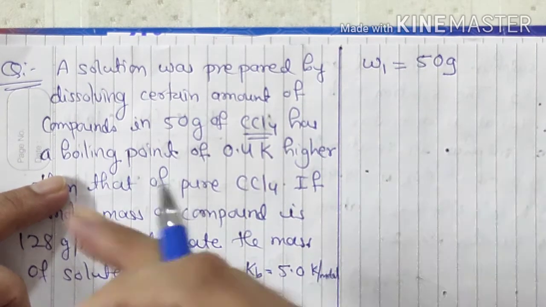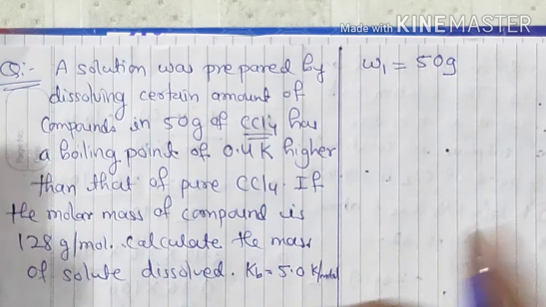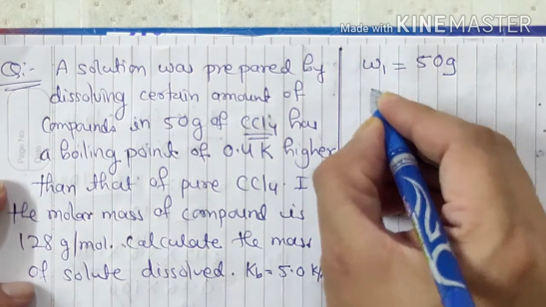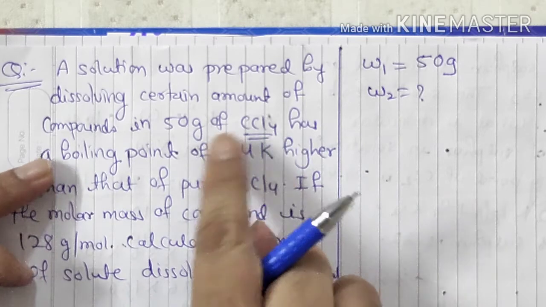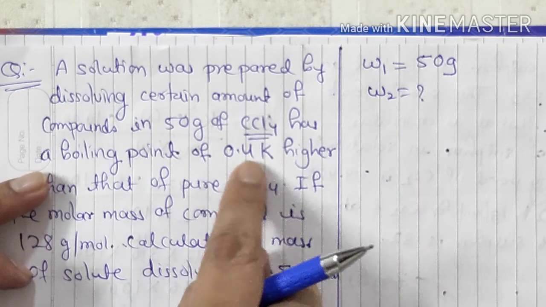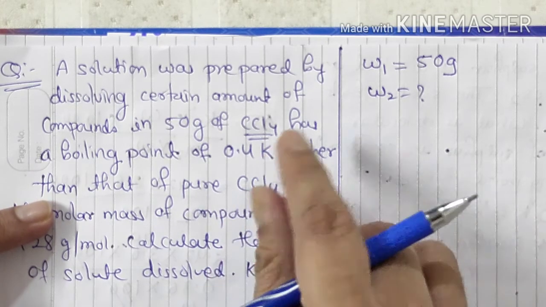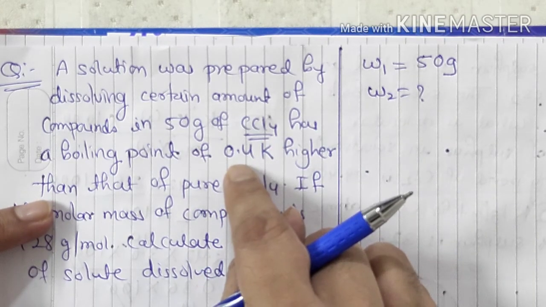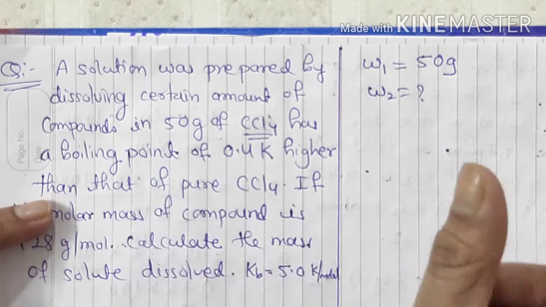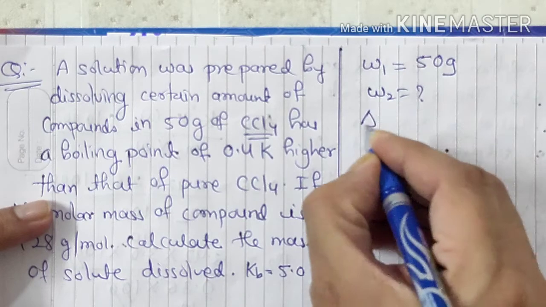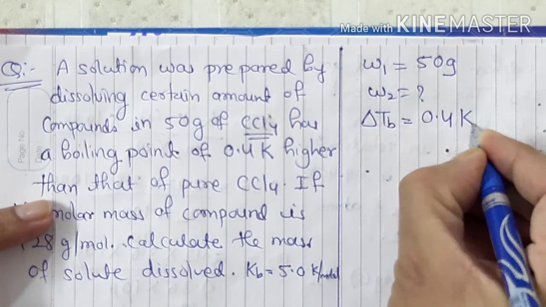Right. How much weight of solute they have not mentioned. Okay, so that is what they have asked us to find out. Weight of solute you need to find out. Okay, the solution has a boiling point of 0.4 Kelvin higher than that of pure CCl4. मतलब solution का boiling point 0.4 Kelvin से ज़्यादा था. मतलब difference of boiling point of pure solvent and solution का जो difference है, that is delta Tb is nothing but 0.4 Kelvin.